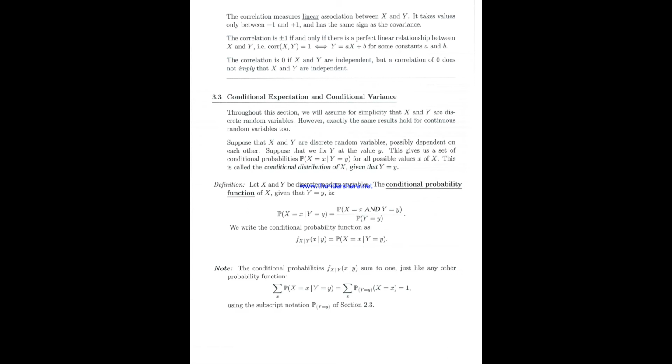We know that when you take the total of all the probabilities of a probability mass function, it should add up to 1. Same here: since we have calculated the conditional probability function, when you take the summation over all the possible x values, the conditional probabilities should add up to 1.